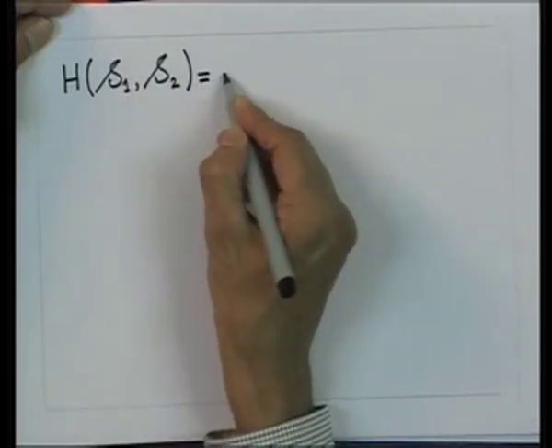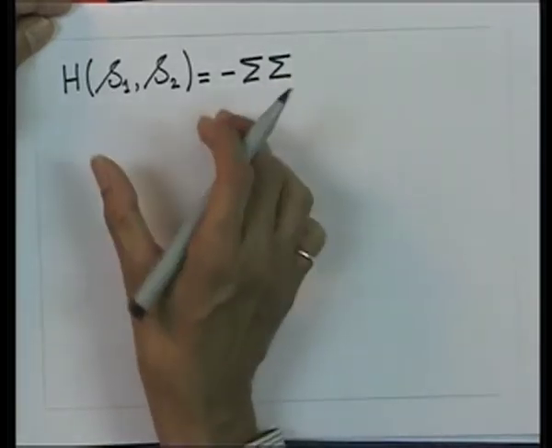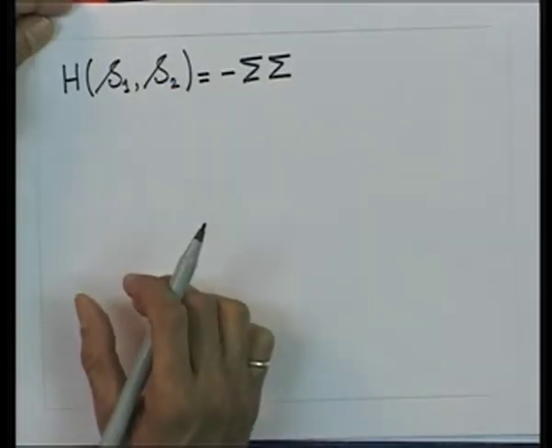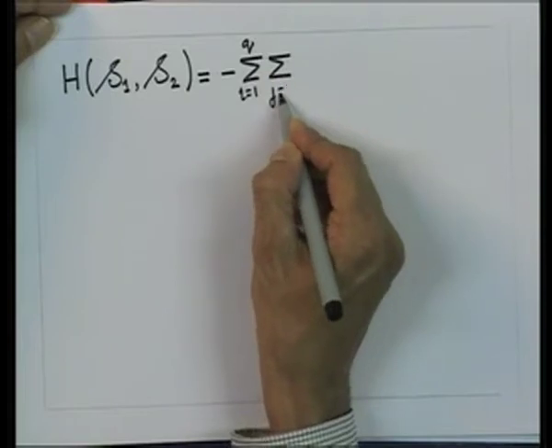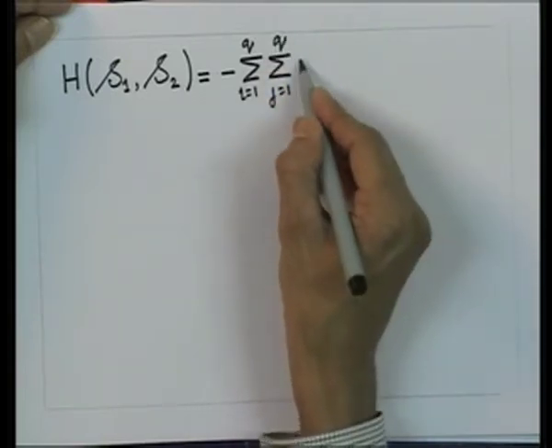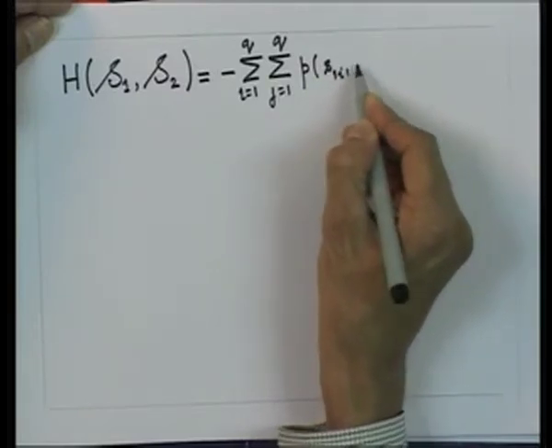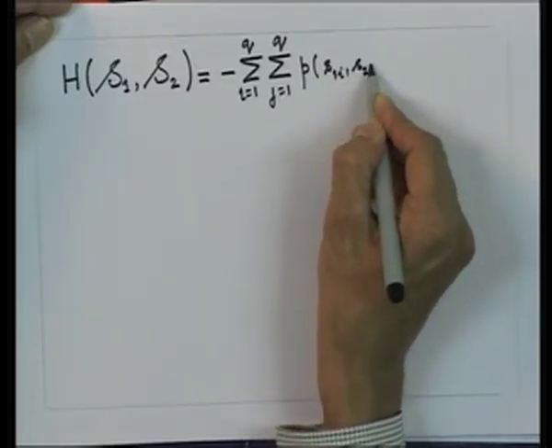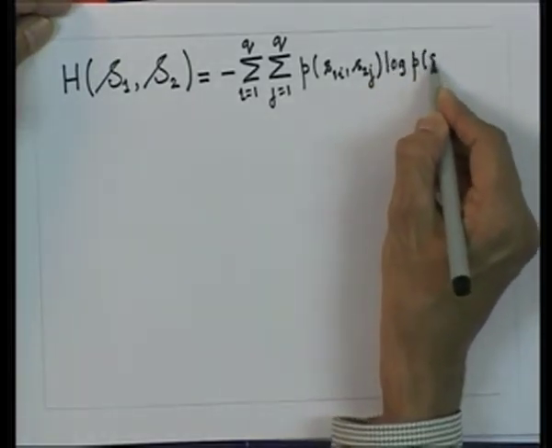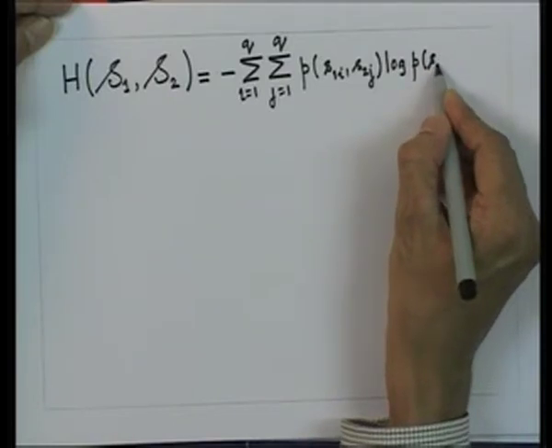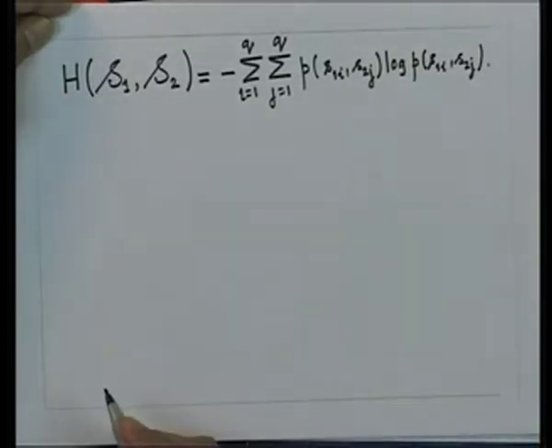This is the joint information which I will get from messages of length 2, H = sum over i equal to 1 to Q, j equal to 1 to Q, probability of S1i S2j log of probability of S1i S2j.